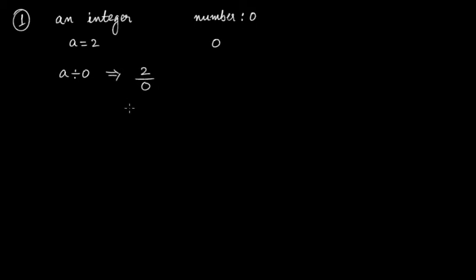Now if you remember, we had discussed in the past that for any division the condition is always that your denominator should not be equal to 0. That is, if it's a by b, that is a divided by b, then the condition is that b should not be equal to 0.